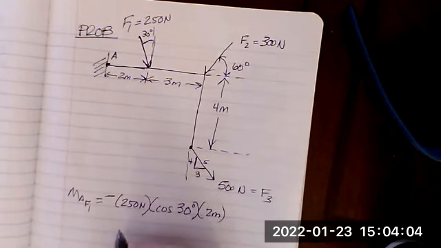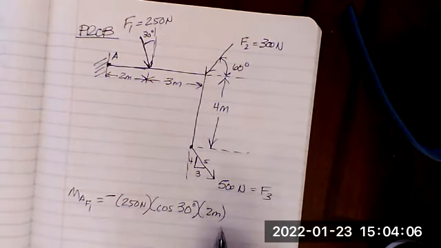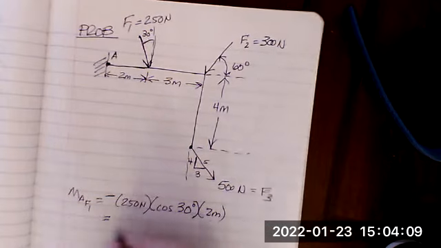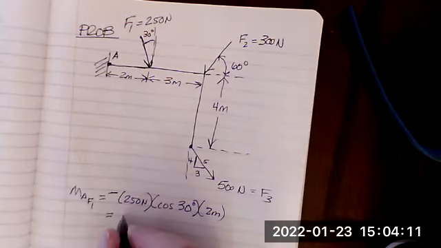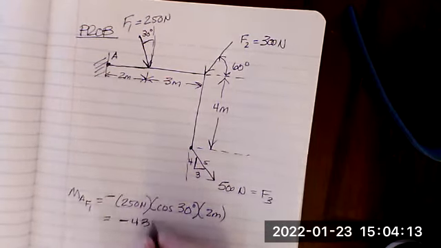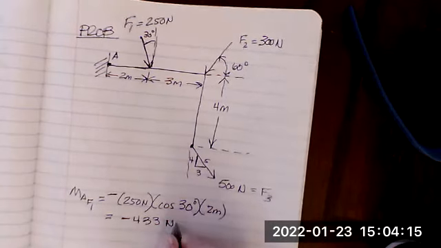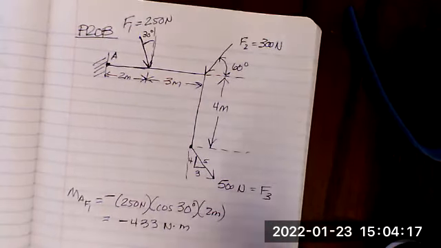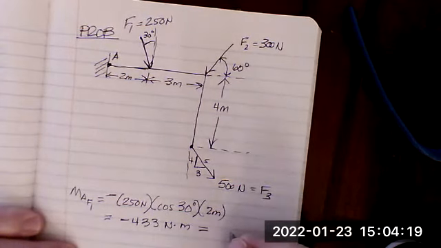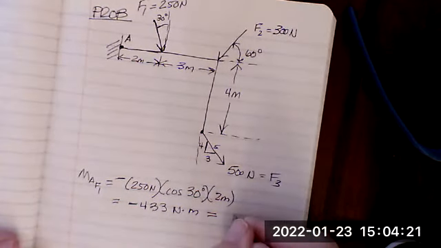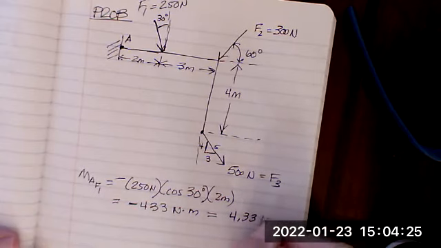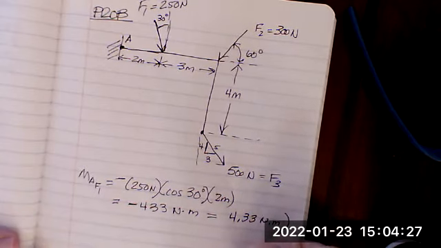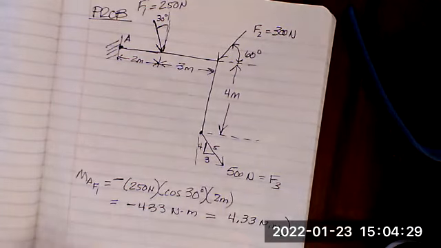I got this written out correctly. That's going to equal negative 433 newton-meters, or you should write it out like this: 4.33 newton-meters clockwise, like that.